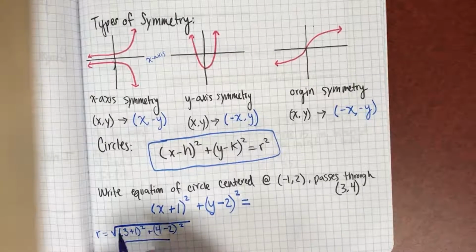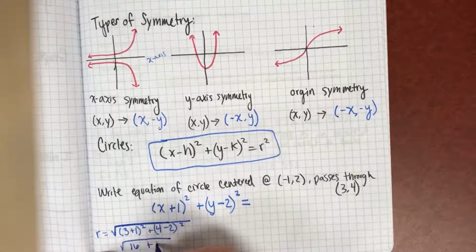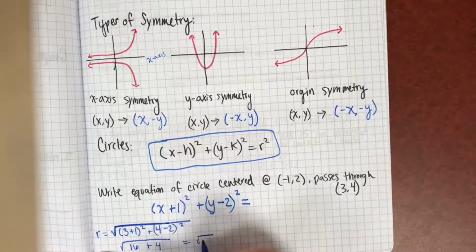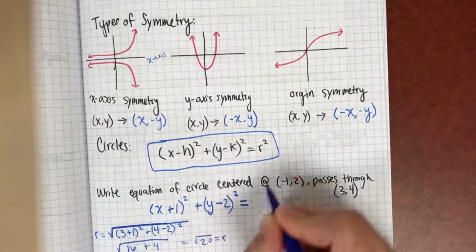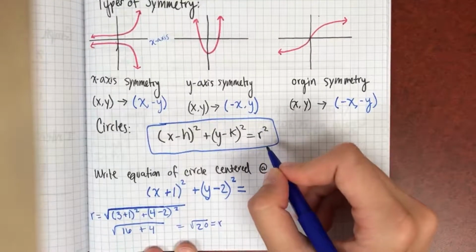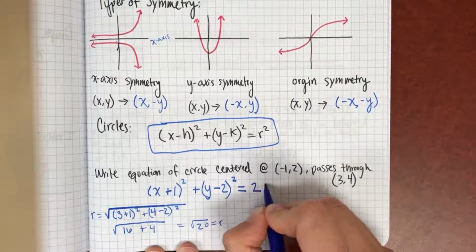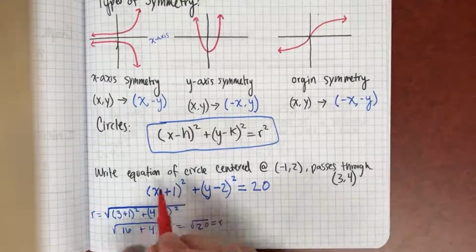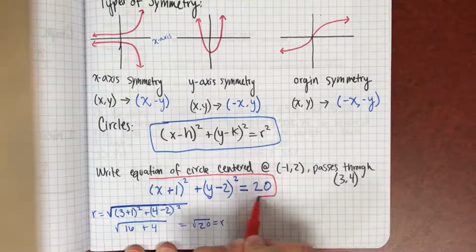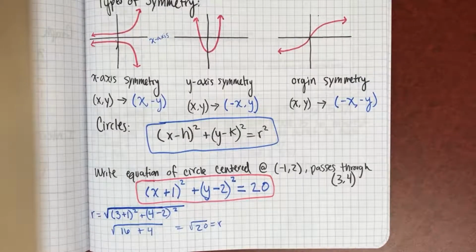So we've got the square root of 16 plus 4, which is the square root of 20, and that equals r. But if you remember, in our formula we want r squared, so we actually just need 20. We use that distance formula to help us find our radius.